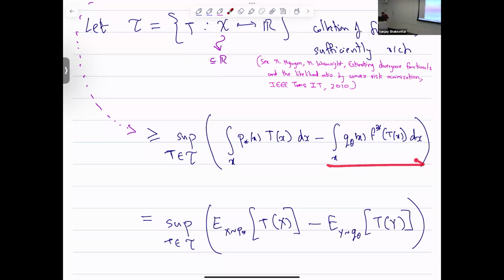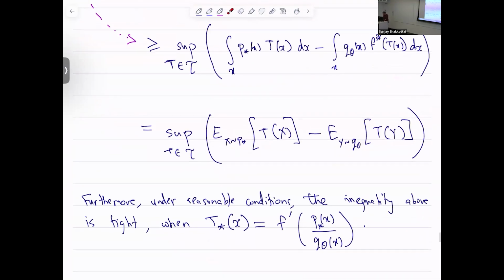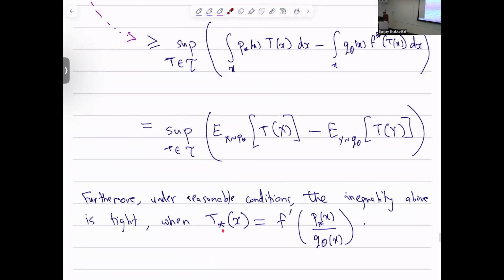This integral is nothing but the expected value for some other random variable Y, which is sampled from Q theta. Is this good? And in fact, under reasonable conditions, there's a closed form expression for T star, which is nothing but the f derivative of P star by Q theta.